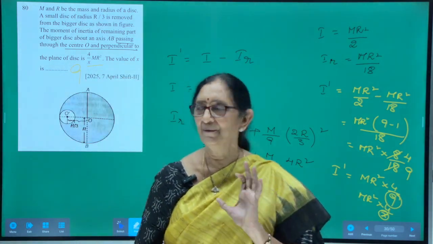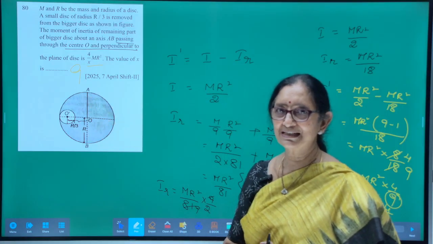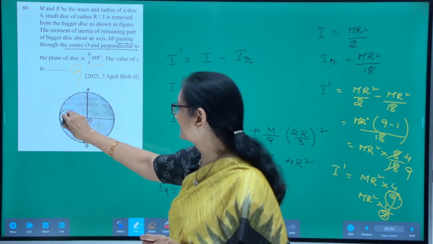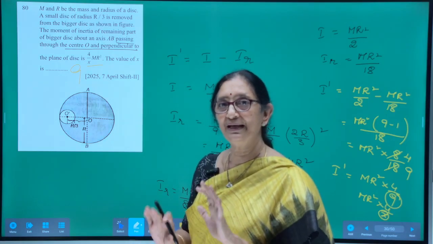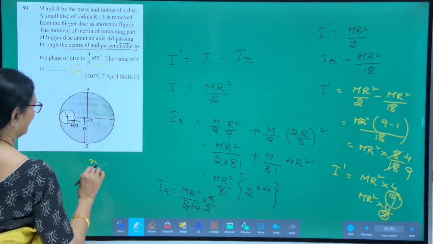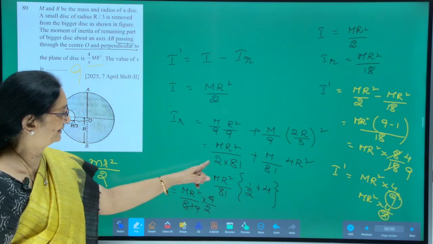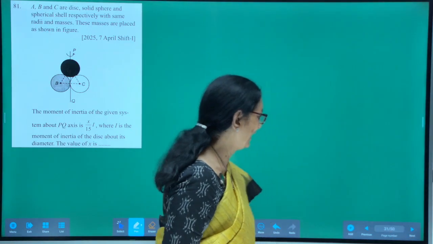So here moment of inertia of the disc about this axis is mr square by 2. Moment of inertia of disc about this axis is m by 3, r by 3 whole square into half, because if small m is its mass, it will be mr square by 2 once again. That is what we have taken here. Actually that was the correction I made.